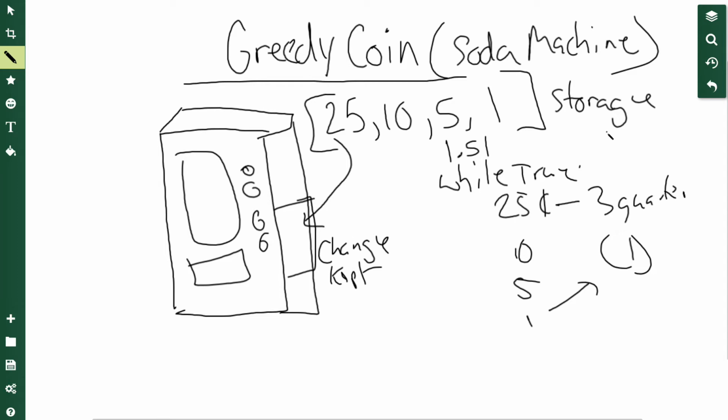And because of that really simple algorithm, you can store mostly quarters and actually have much less of the dimes, and even further, much less of the nickels, and then even much less pennies, because the most amount of operations are being involved with the higher denominations of change.